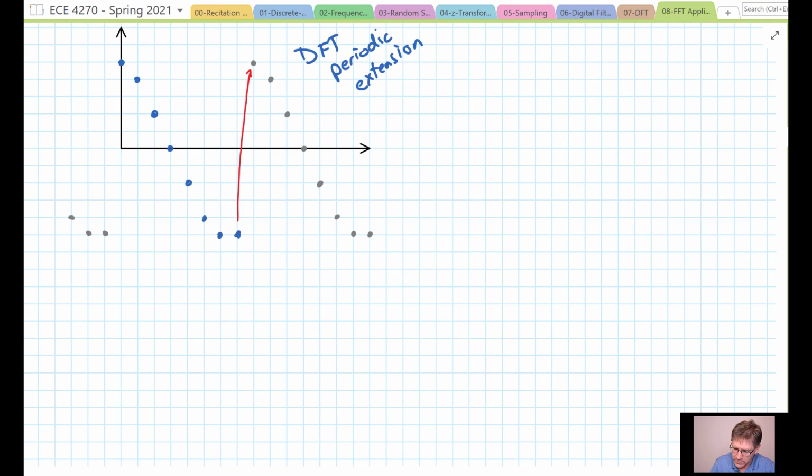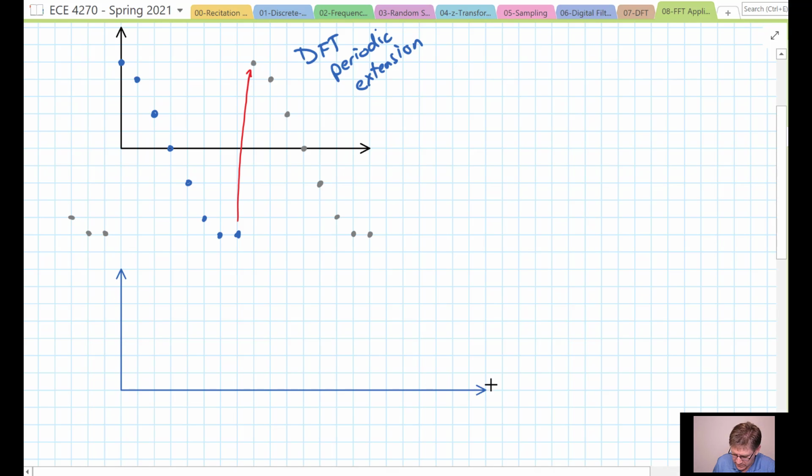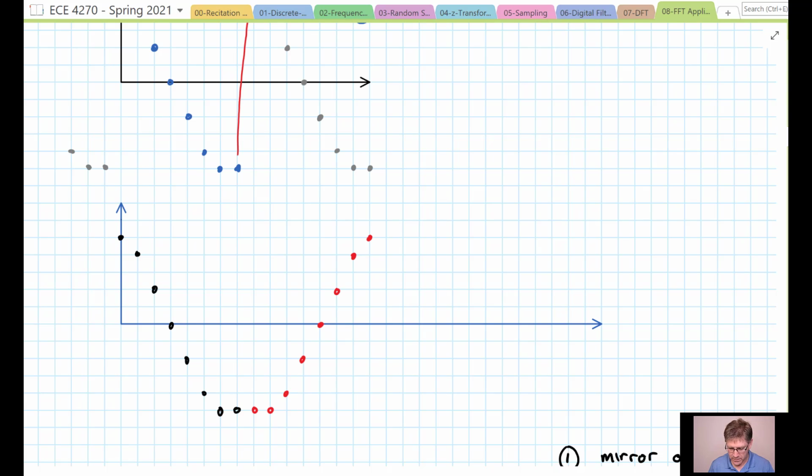And we'll do that by manually extending our waveform in a flipped manner, like this. So we started with the black samples, and we create these red samples to go along with it.